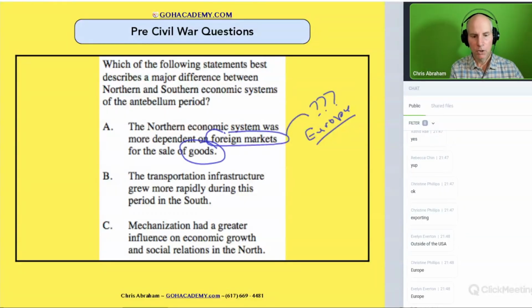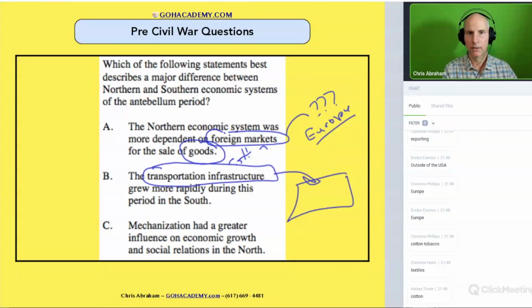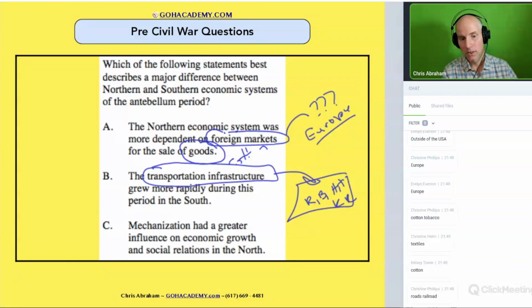What were the goods they're referencing? Cotton. Transportation infrastructure, what's that mean again? Roads, bridges, highways, tunnels, railroads.